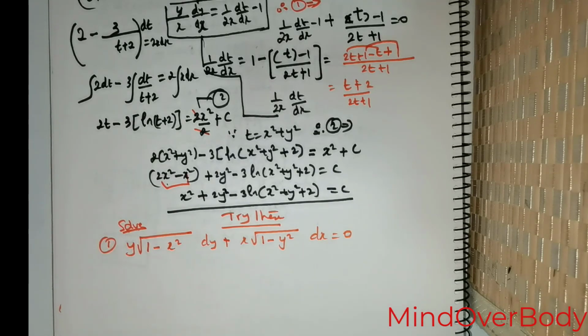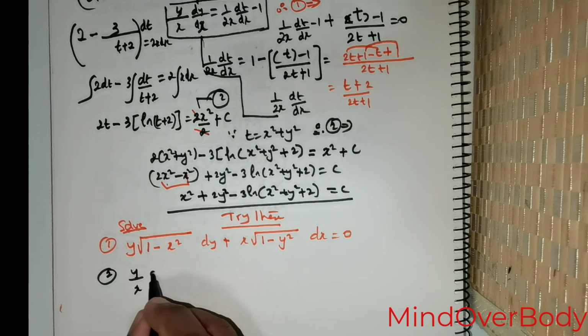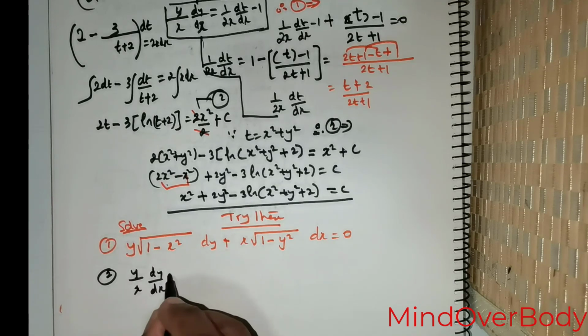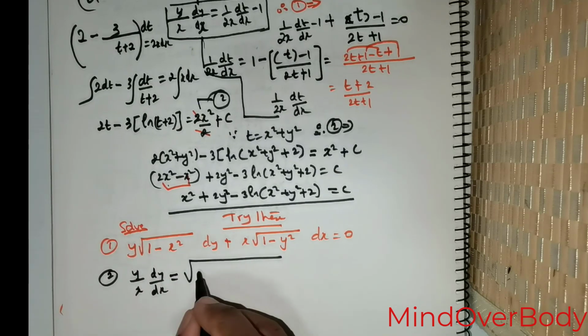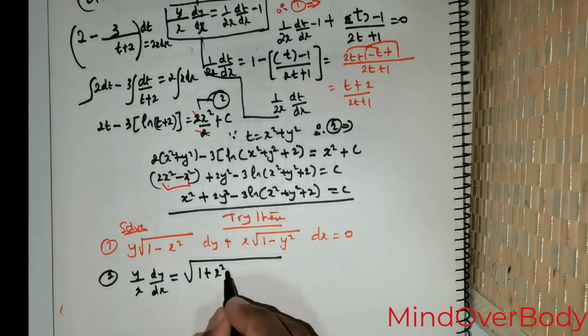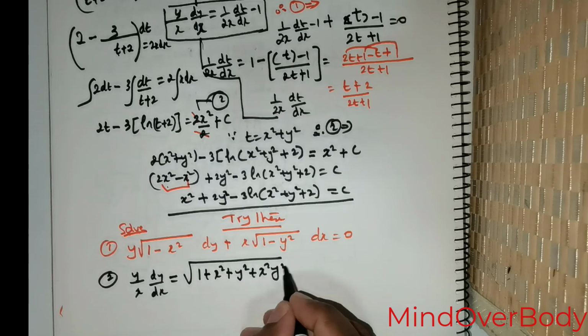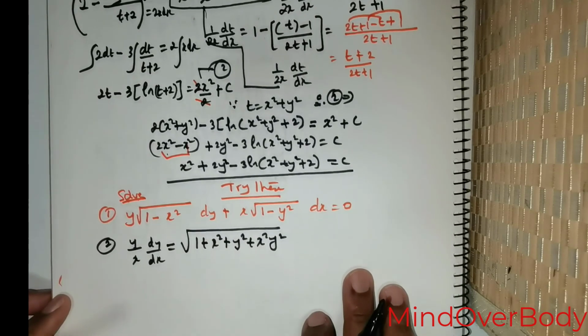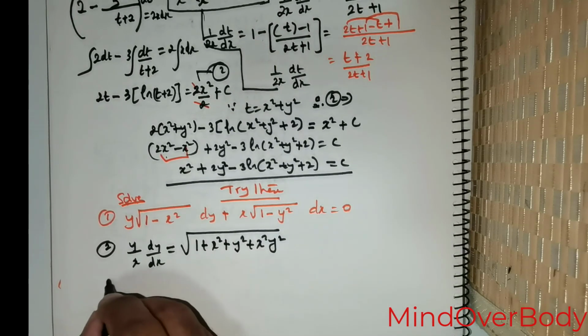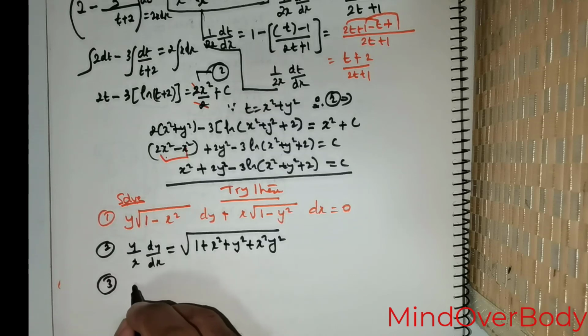That's question 1. My question 2 is going to be y over x dy over dx is equal to square root of 1. All these questions are based on whatever I have worked. So it's not something that I'm giving you all to try afresh, but they're all which we have worked already.